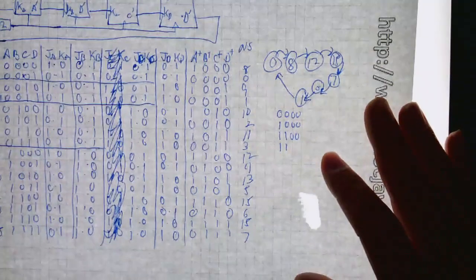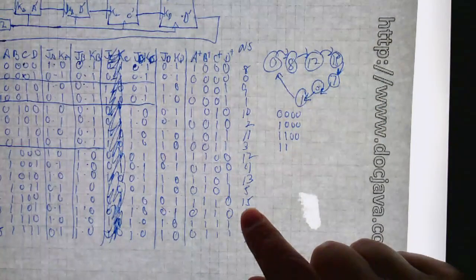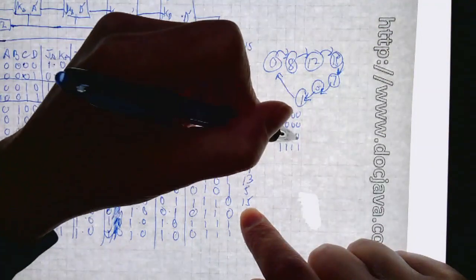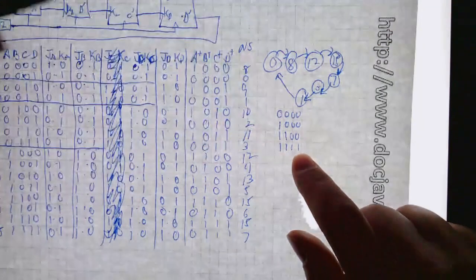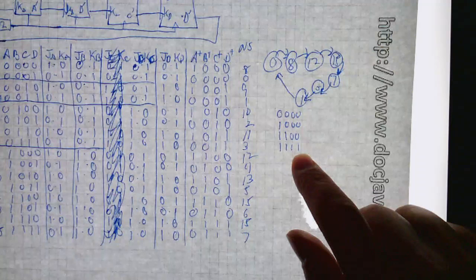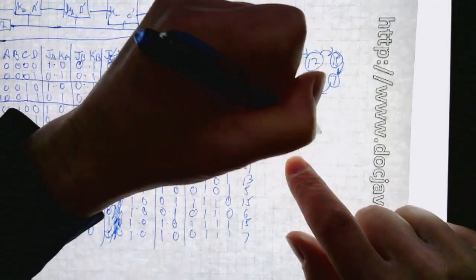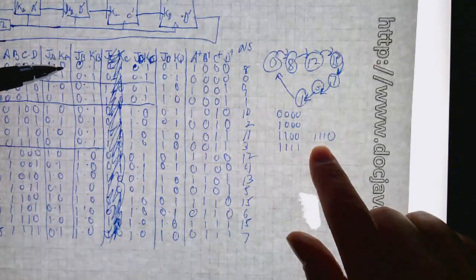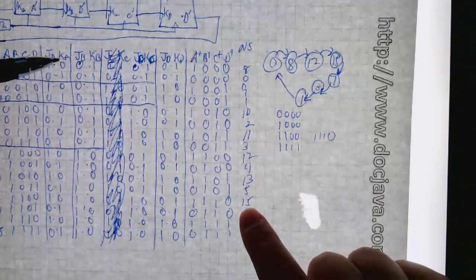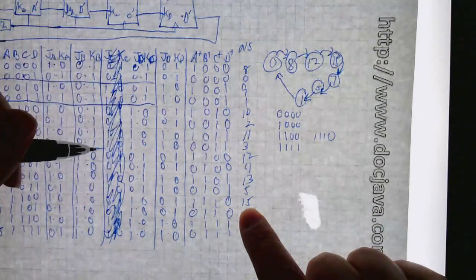Did 12 go to 15? It sure does look that way, doesn't it? That doesn't seem quite right. 12 should have gone to 1, 1, 1, 0. Oh, look at that.